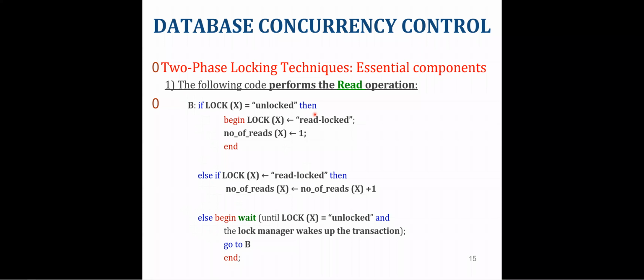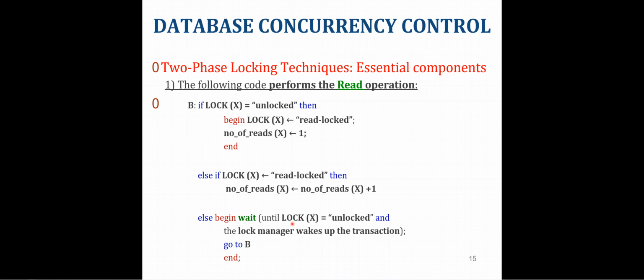So with the write lock, you will just wait till it goes back to unlocked, because whenever it finishes writing, it will return to unlocked again. So it will wait, and the lock manager, which we already talked about, which is responsible for managing and arranging the transactions, will wake up the transaction again.